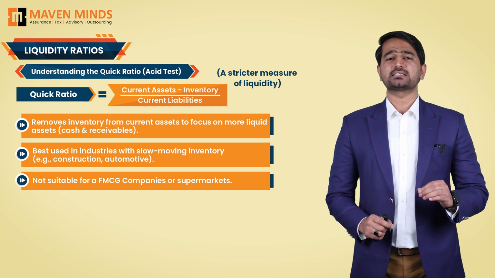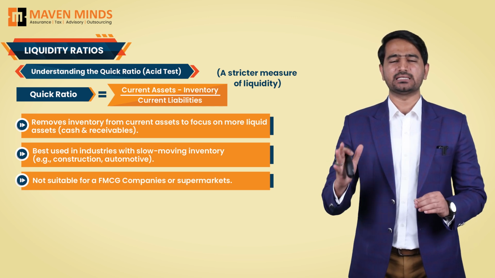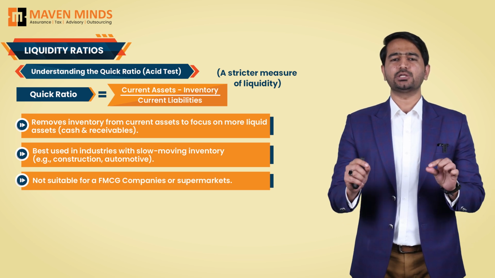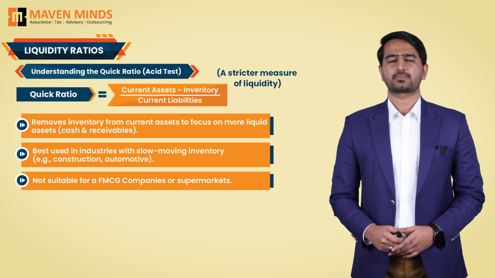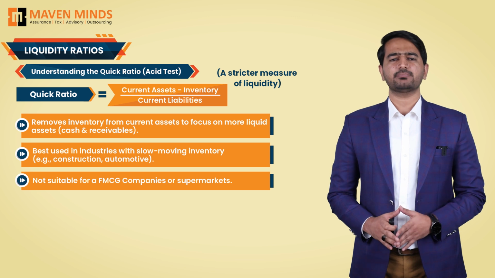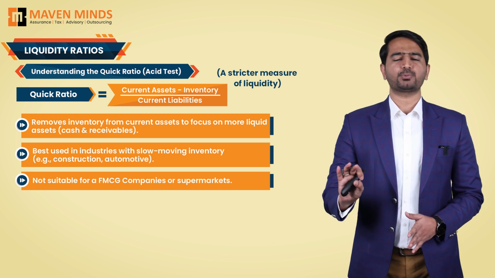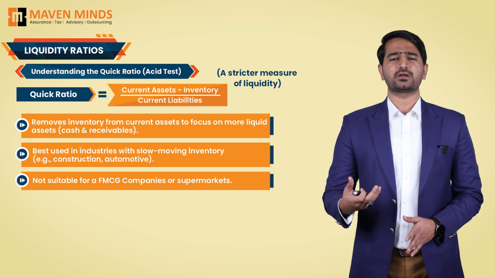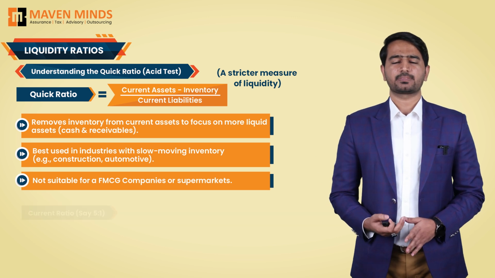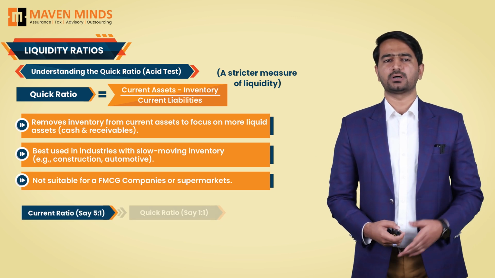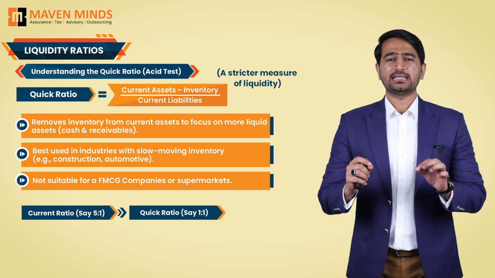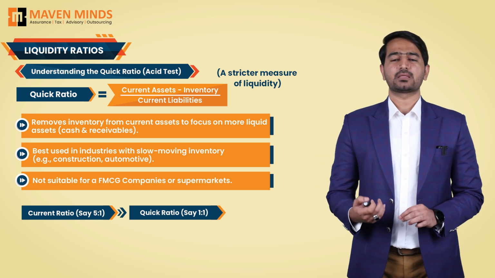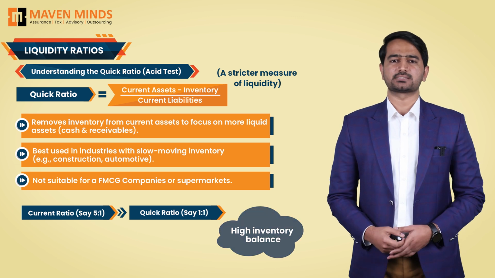Remember, if there is an insignificant gap between the current ratio and the quick ratio, this usually denotes a high inventory level. Sometimes in your exam, the examiner may not provide specific details but give you a current ratio of, for example, 5:1 and a quick ratio of 1:1. Here, it is easily understood that the current ratio is inflated because of high inventory balance.